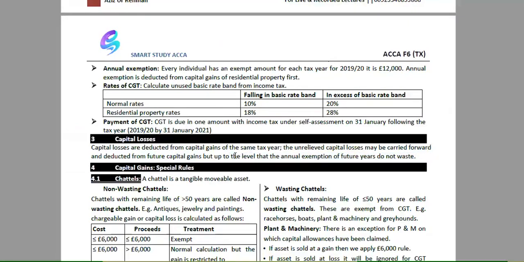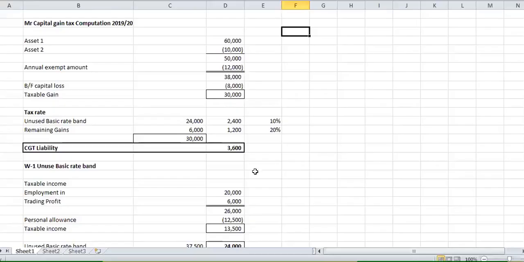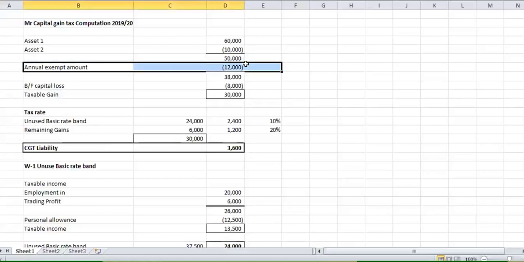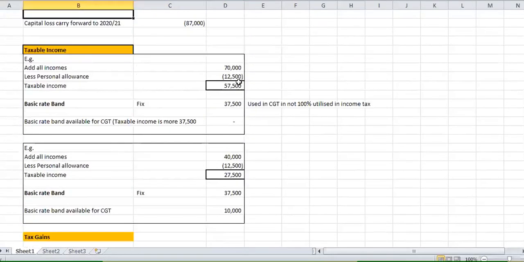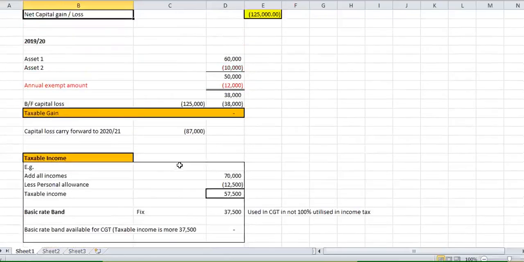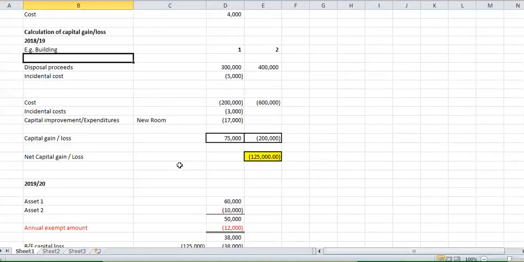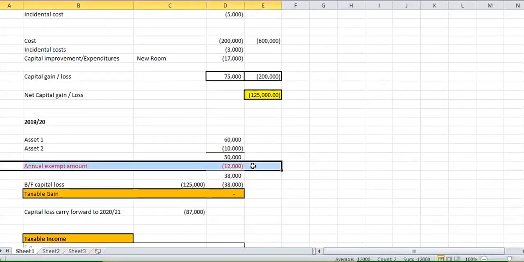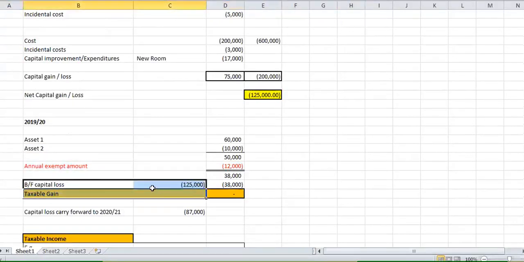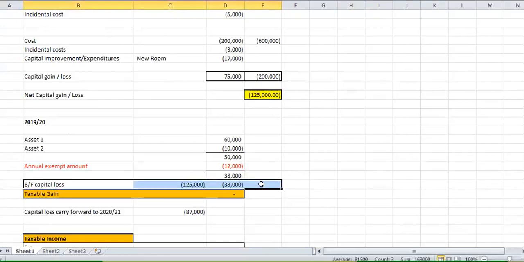Means first we will deduct annual exempt amount and then we will deduct brought forward capital losses. You can see this point in the previous example as well.